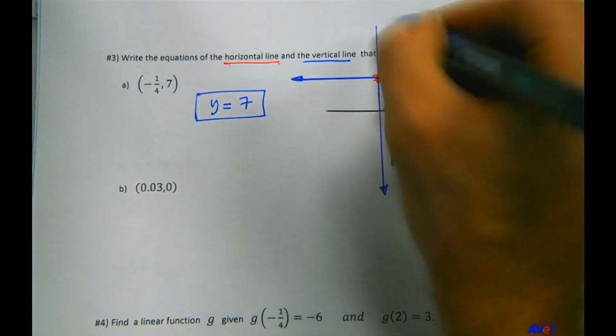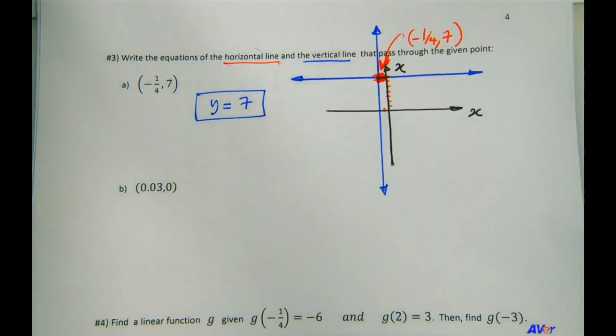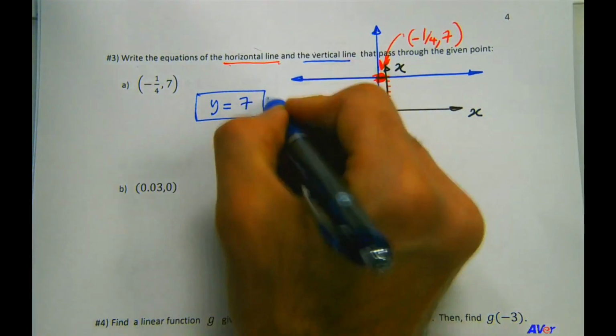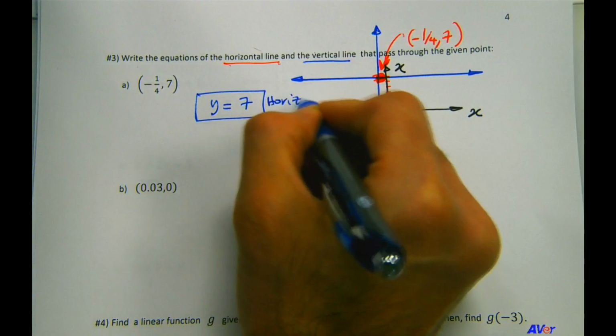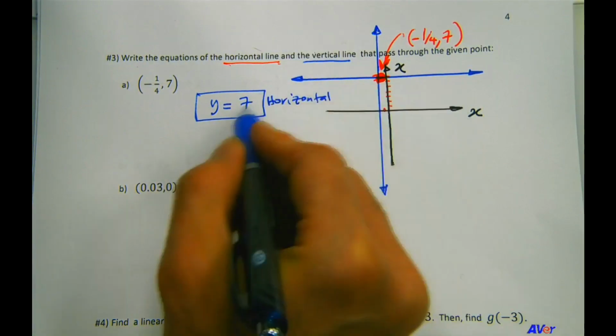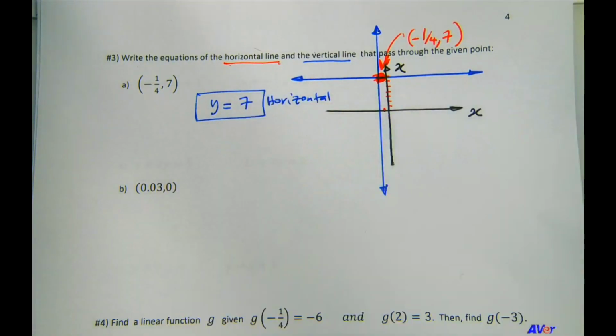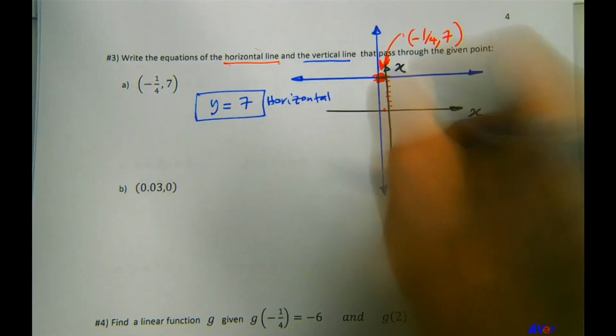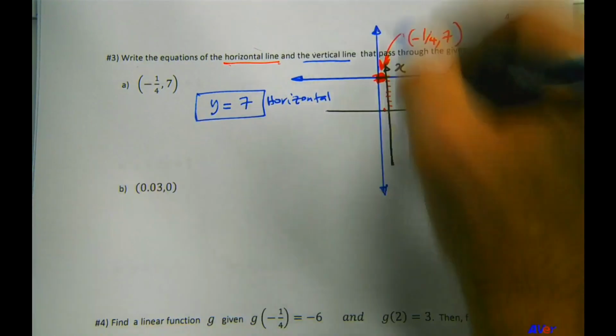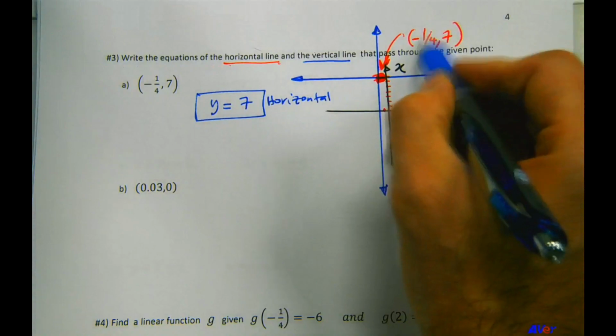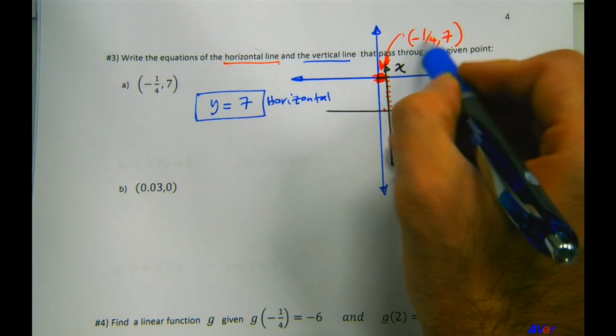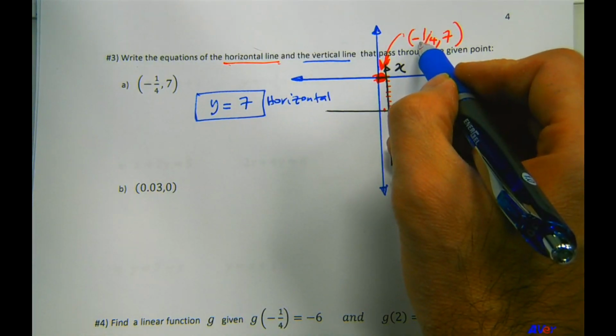Like that. So that is a vertical line going through that point. So this is the horizontal one. The equation of the horizontal line that goes through that, and the equation of the vertical line that is going through that. That line vertically is going through the x component of that point.